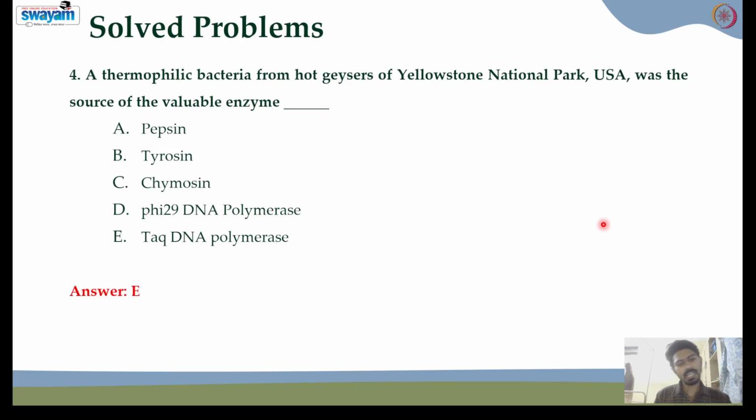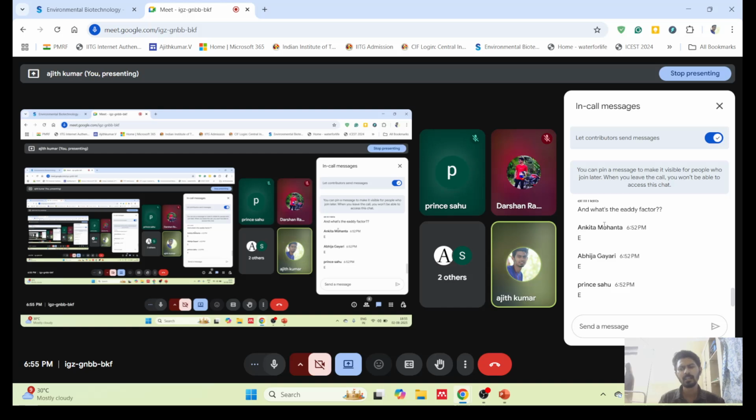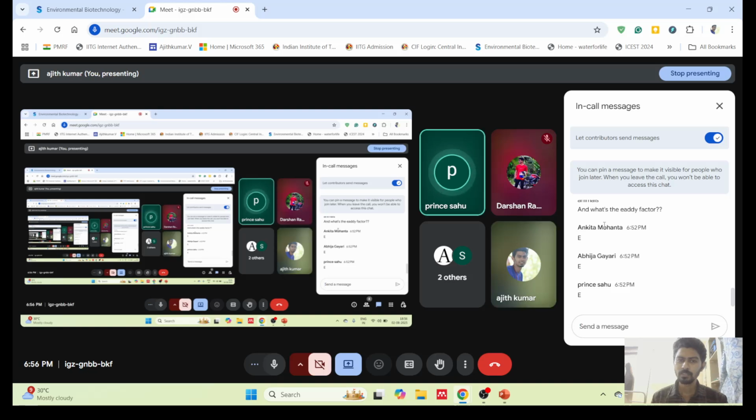And as you have said, the answer is correct, Taq DNA polymerase. And anyone, what do you mean by thermophilic bacteria? A bacteria resistant to temperature. Yes, it can survive in higher temperatures.